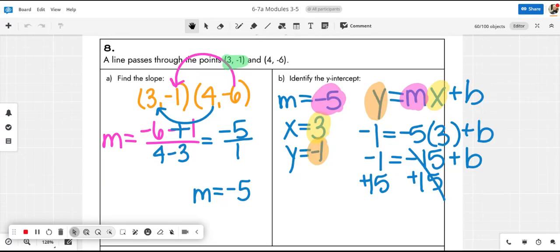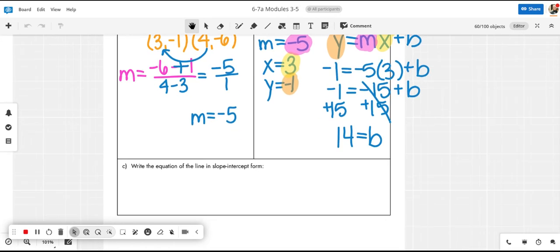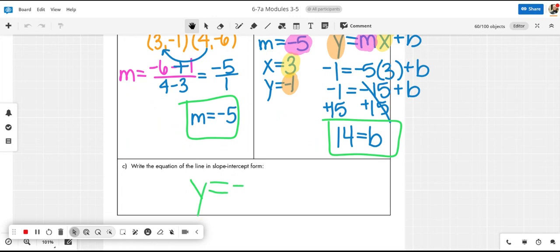Negative 1 plus 15 is positive 14. All right, last piece. All right, we found m. We found b. Now let's put it together in our equation. And y equals negative 5x plus 14.